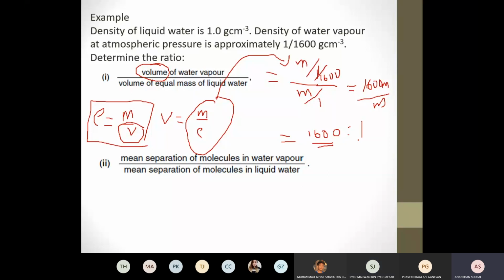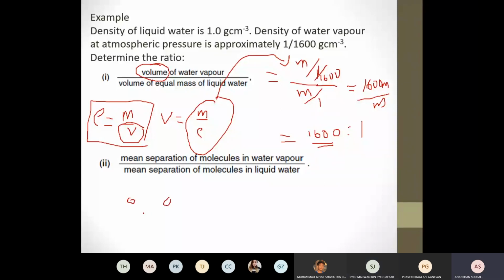Okay, now next, part 2, how do you find out the ratio of the mean separation of molecules of water vapor to the mean separation of molecules of liquid water? How are mean separation and volume related?